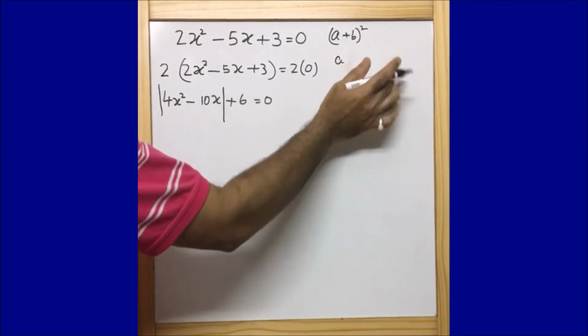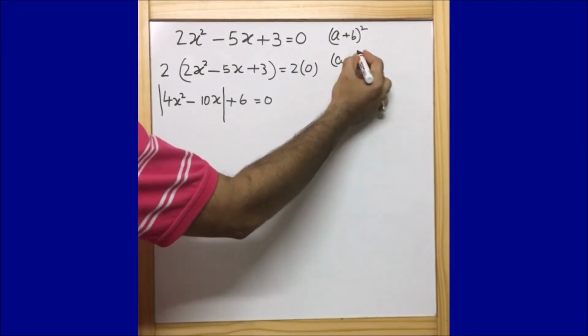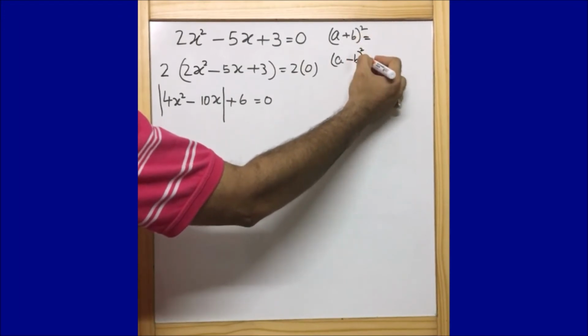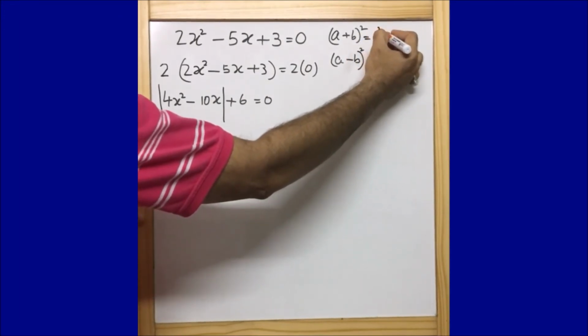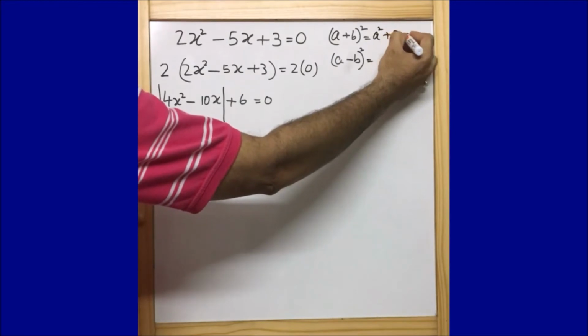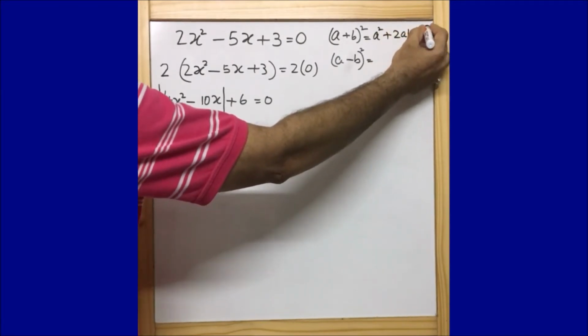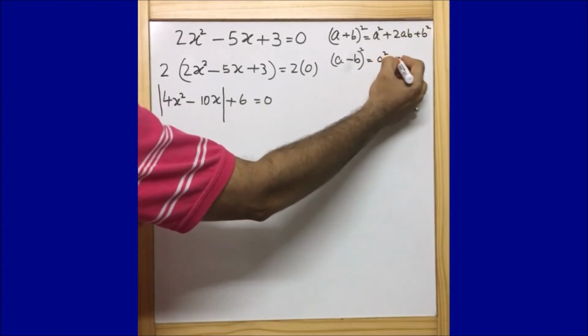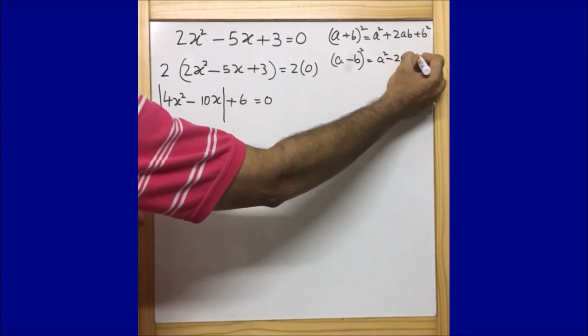Ultimately we are going to convert the equation into a^2 + 2ab + b^2, or a^2 - 2ab + b^2.